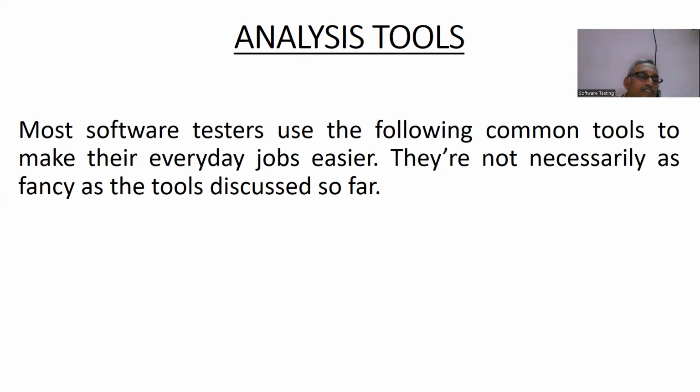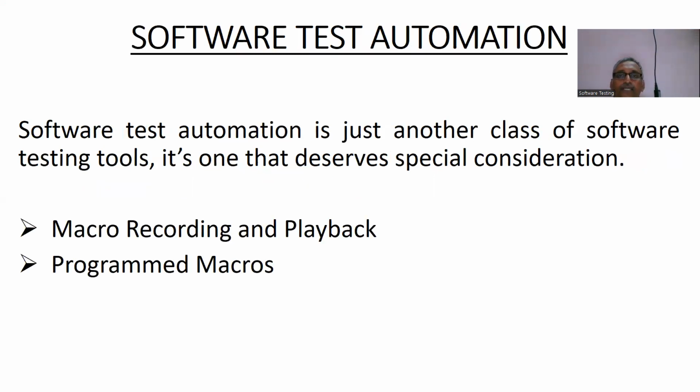Of course, software complexity and the directions change all the time. We need to look at our individual situations to decide what the most effective tools would be and how best to apply them. Next, software test automation.